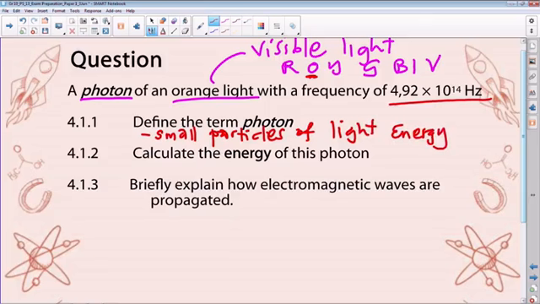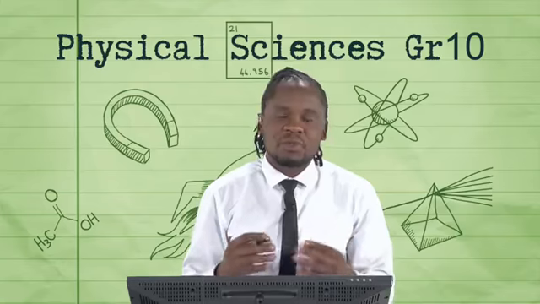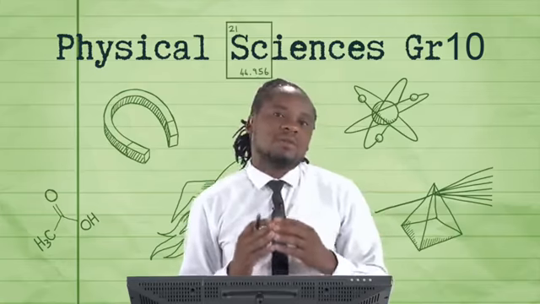So this energy can be determined using the formula E equals h multiplied by f, which is E equals Planck's constant multiplied by the frequency. Because Planck's constant is a constant, we must also know that the energy that the photons, or these particles of light, carry is directly proportional to the frequency. In other words, the higher the frequency of the photon, the greater the energy that the photon carries.